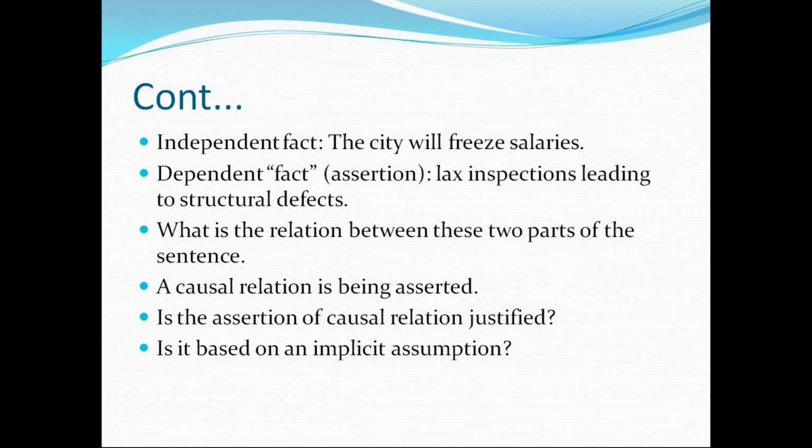Is the assertion of a causal relation justified? Or is it based on an implicit assumption? And of course, it's based on an implicit assumption. There's no necessary causal relationship between the freezing of salaries and lax, lazy inspections. Okay? It's just assumed that will happen.